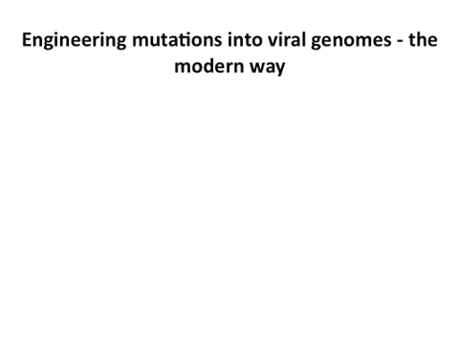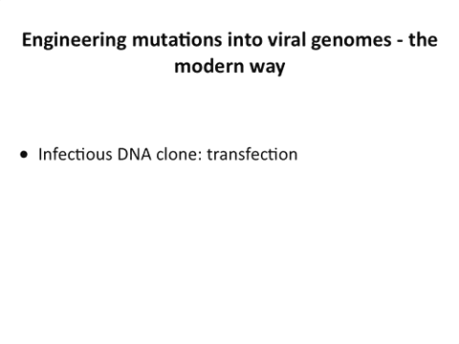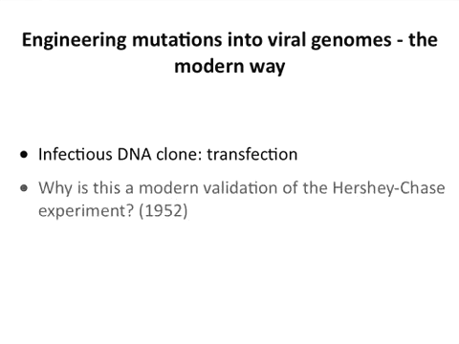But nowadays, our life is very much easier because we can engineer specific mutations into genomes. And that's because we have what are called infectious DNA clones, which we can change. We can modify the DNA any way we want. We can make single base changes anywhere, and then we take the modified DNA, we put it back into cells by transfection, and we get mutant viruses out.